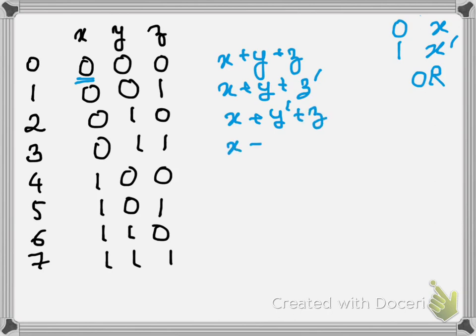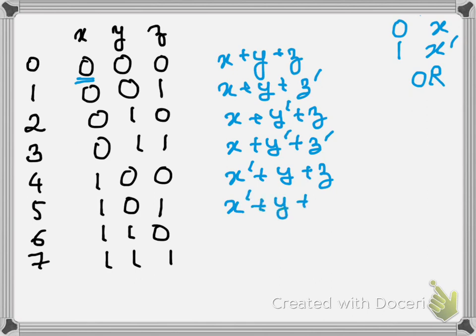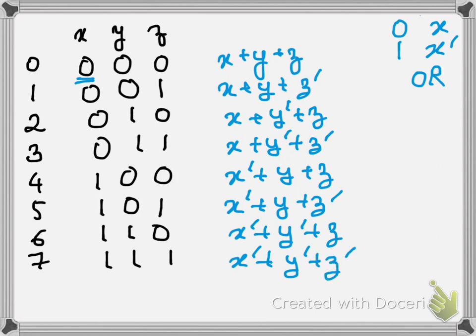Next is x plus y dash plus z dash. This is x dash plus y plus z. This is x dash plus y plus z dash. This is x dash plus y dash plus z. And last one is x dash plus y dash plus z dash.